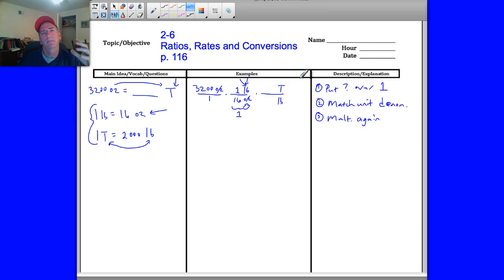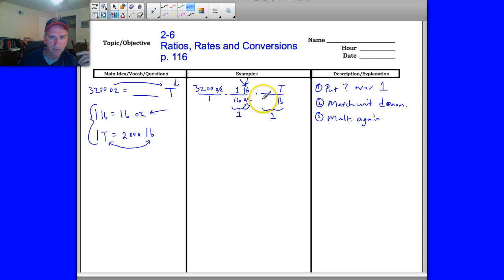Now watch. What's happening here is the labels are doing the hard work for you. You're just putting in the labels and then you match up the numbers. Then you're just multiplying across. It's simple when you see the whole picture. This has to equal 1, meaning you have to have the same values here. How many pounds equals how many tons?